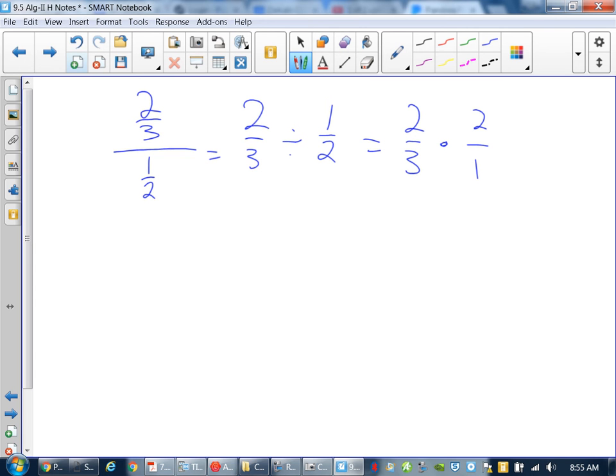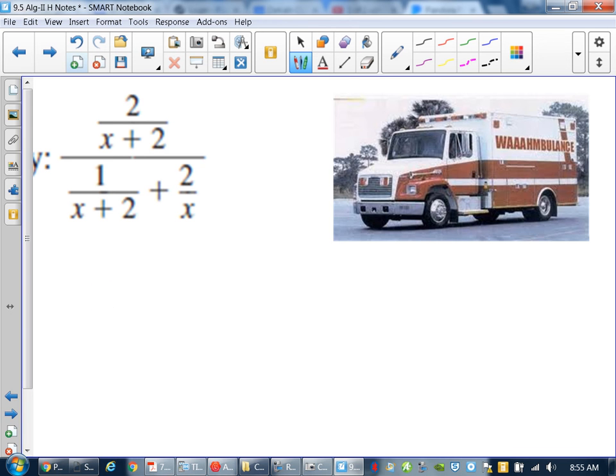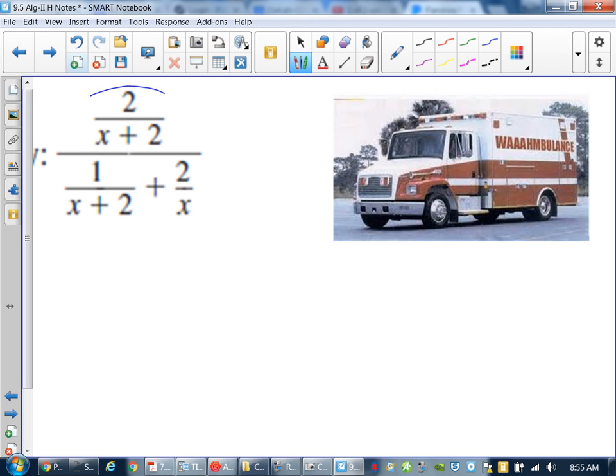When we get to the complex fraction with the addition and all that, think of it as the same idea. What you wind up with here is a fraction divided by another fraction. But in order for us to do that flip and multiply, we have to get this in terms of a single fraction. Does that make sense?